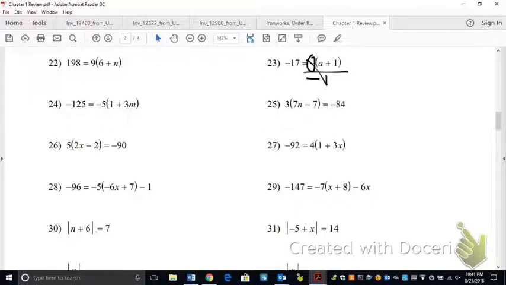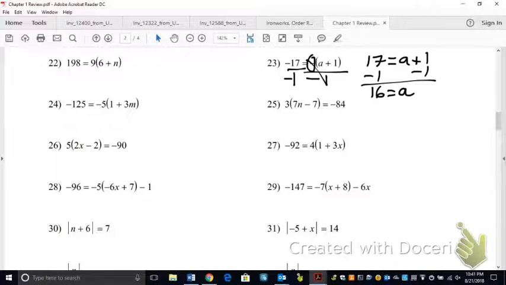That's going to give us a plus 1 on that side. And negative 17 divided by negative 1 is going to give us 17 on the other side. So now 17 equals a plus 1. We're going to subtract 1 from both sides. And we're going to get 16 equals a.